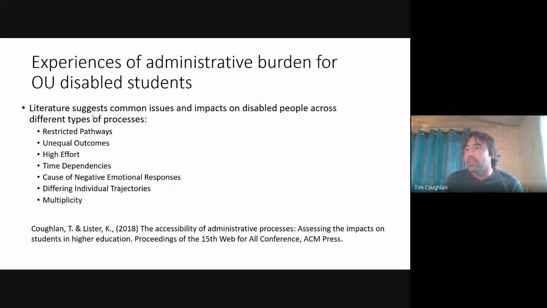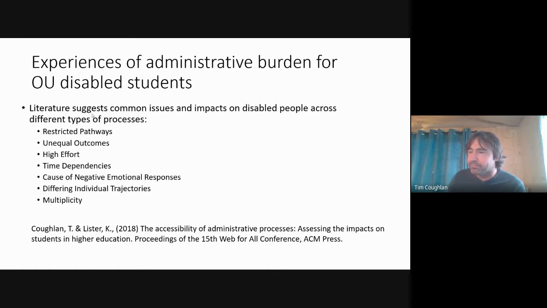And when we started to look into this, there's not a huge amount of research into it, but there is some. And some of the issues that people face are, as I've already mentioned, restricted pathways. So there's only one way to apply for this, and it doesn't work for that person. It's not accessible. Unequal outcomes is interesting.